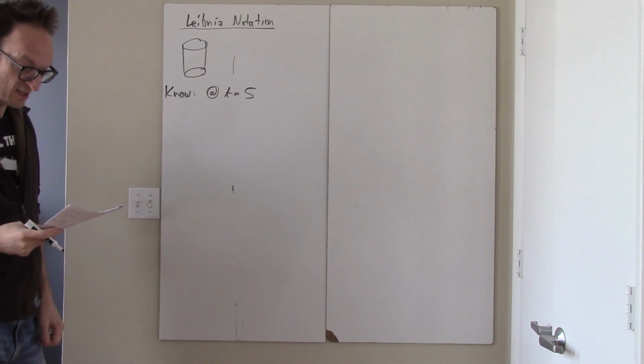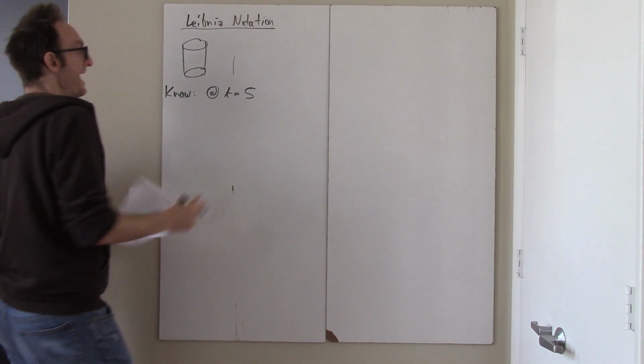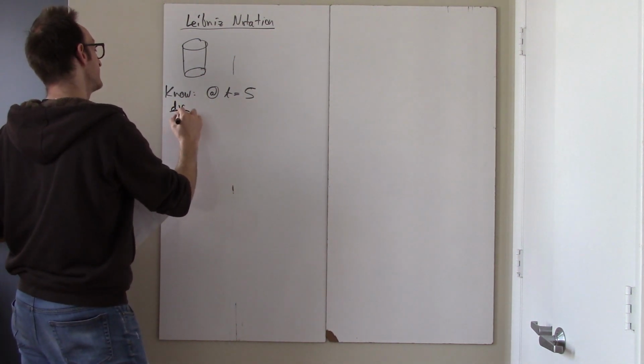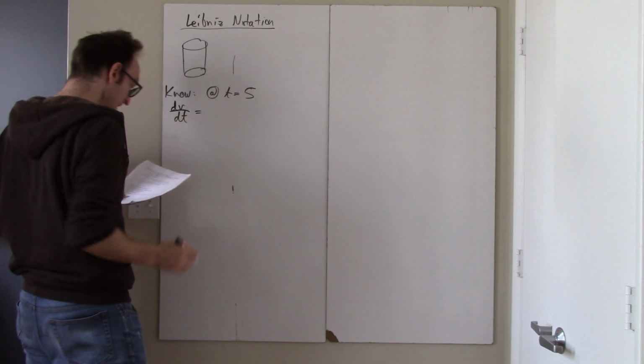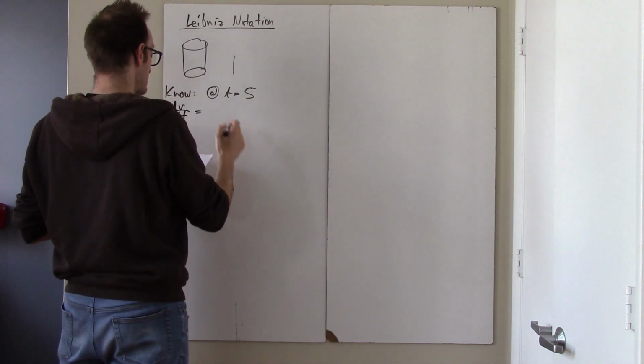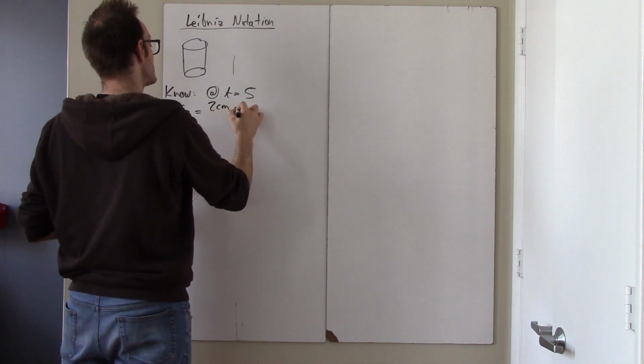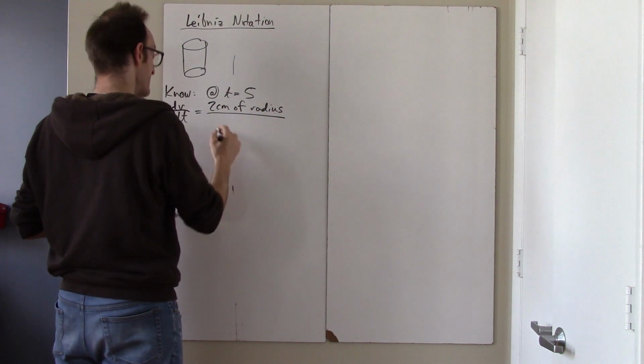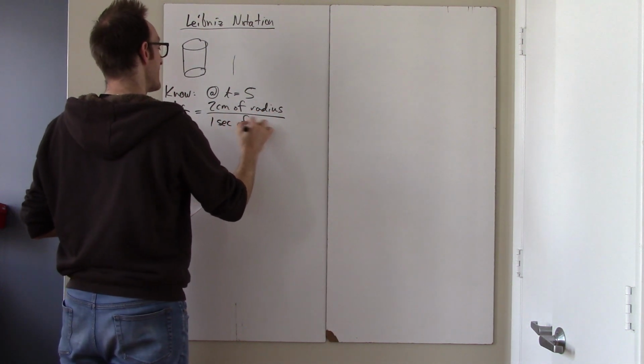And suppose we know that at time 5, dr dt, which is how people pronounce it, is growing at a rate of 2 centimeters of radius per 1 second of time.